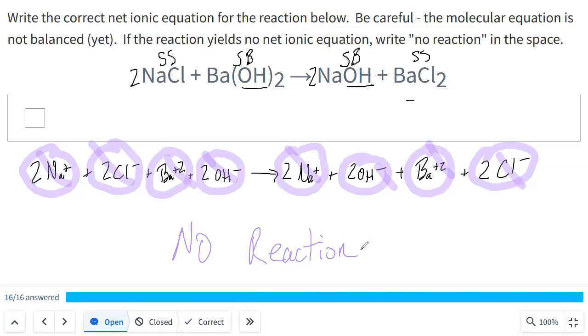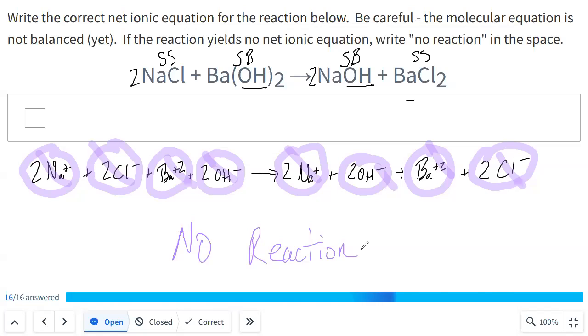We're not seeing any of that here. And our net ionic equation gives us the ammunition to say definitively, conclusively, with proof, that nothing actually happened.